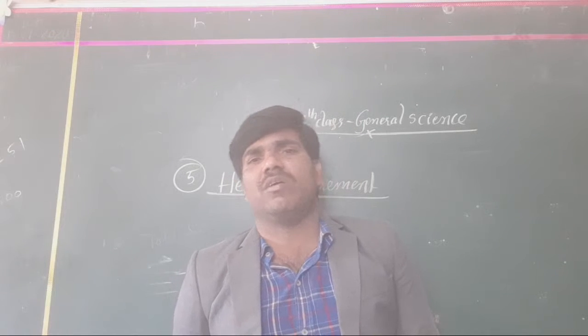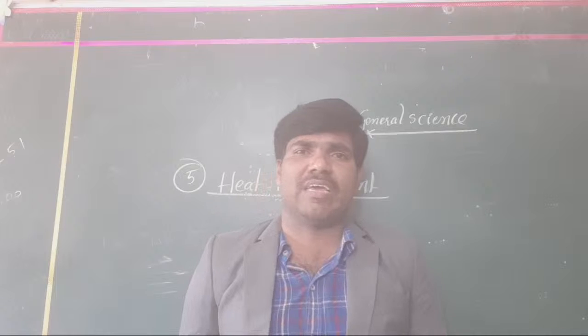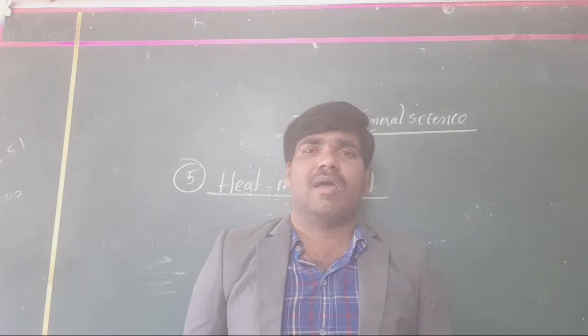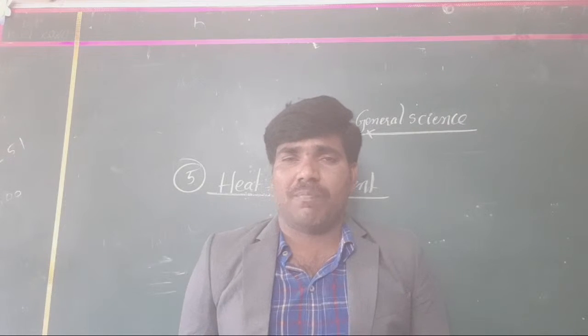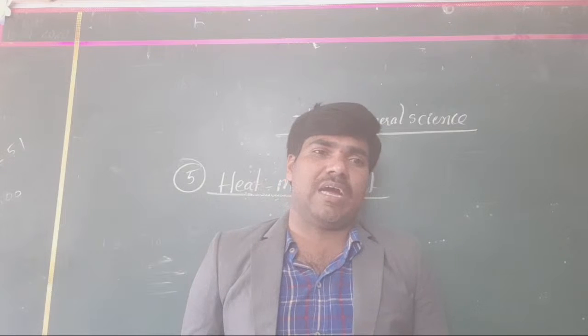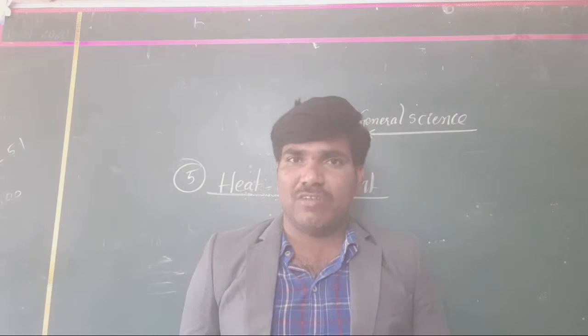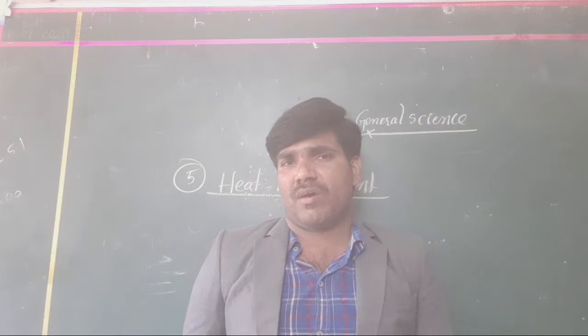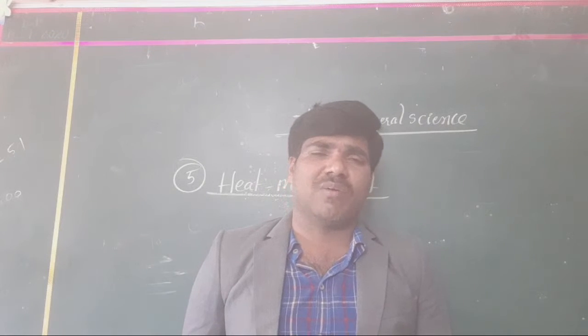It has its own properties of expansion. It responds immediately to the heat and expands equally, and it does not stick to the glass. By using this property, we use mercury as a thermometric substance.